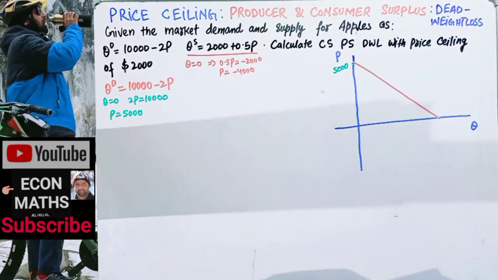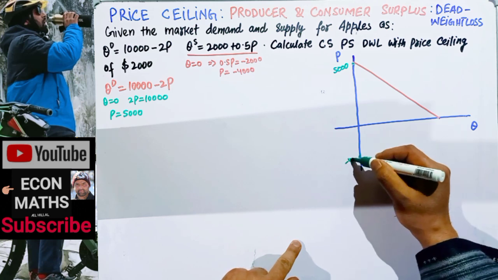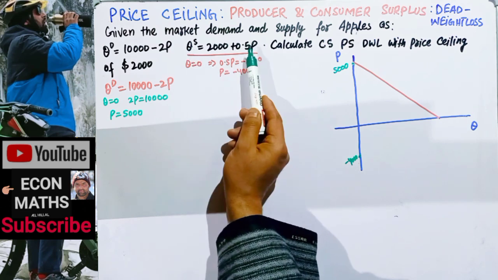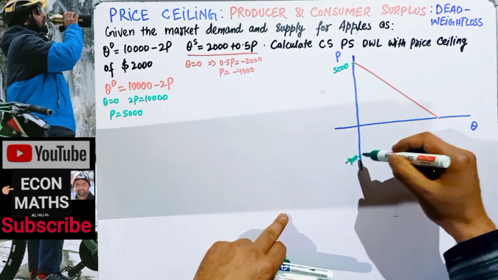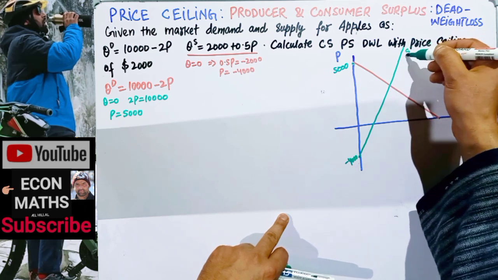So here our price intercept will be negative 4000. Let us say it is here, negative 4000, and since there is a positive relationship between quantity supplied and price, it will be upward sloping. Let's draw the supply curve like this. This is our supply curve.